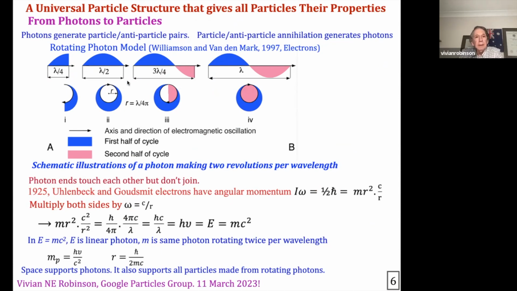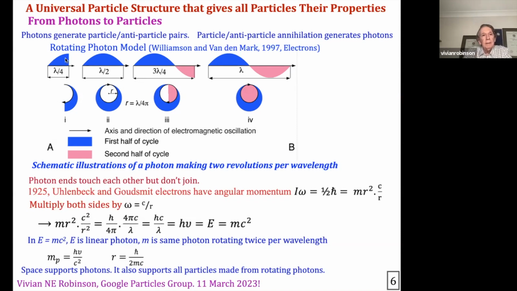They proposed the electron was a photon making 2 revolutions per wavelength. And I'm suggesting that that is the universal model or universal structure of all particles. And I'll go through and show how it works.